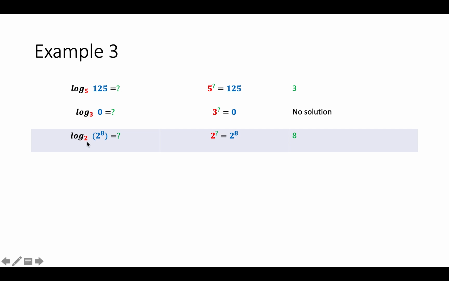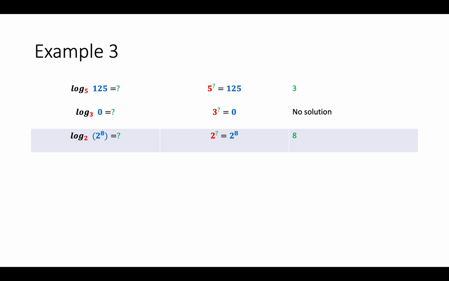Next, we have log base 2 of 2 to the 8th power. Wow, that's a big number. Do you really have to multiply this number out, 2 to the 8th power? Well, let's take a look. If we rewrite into the exponential form, 2 raised to what power? I put it in color green here. 2 raised to what power equals 2 to the 8th power.